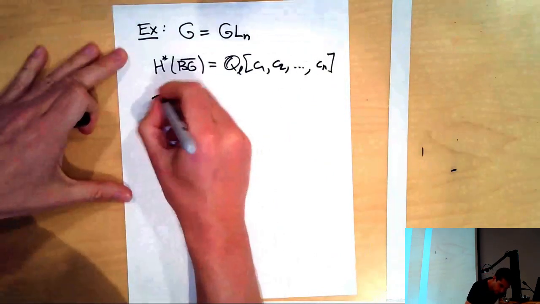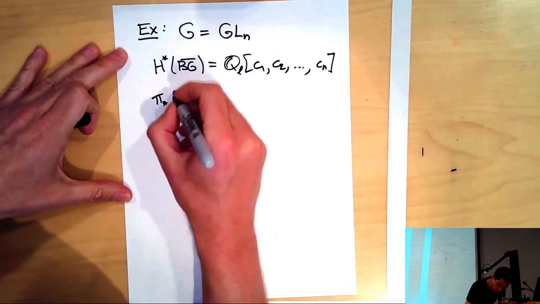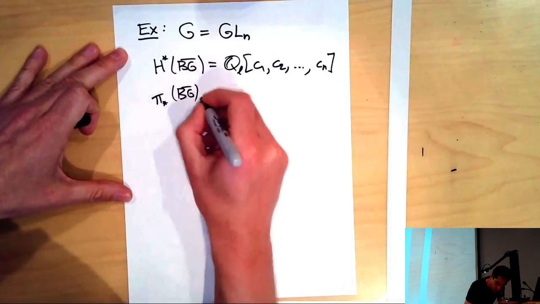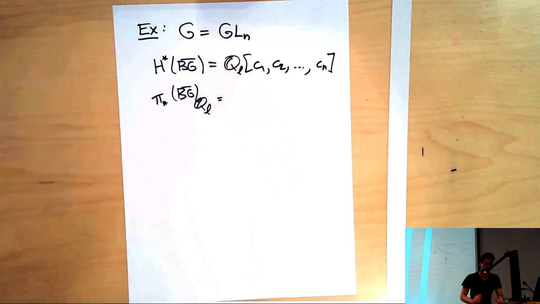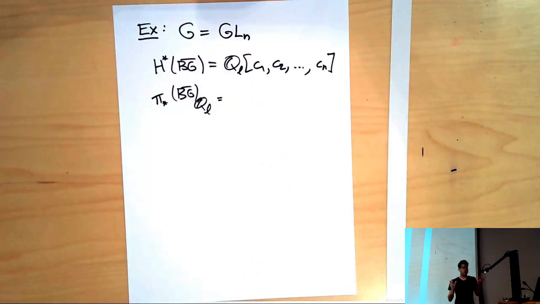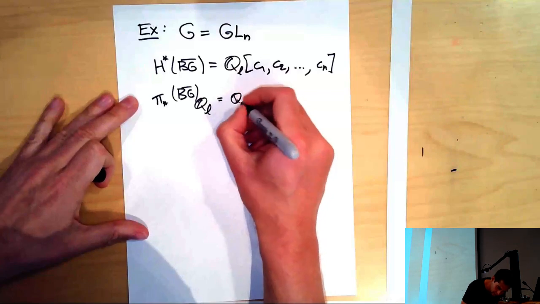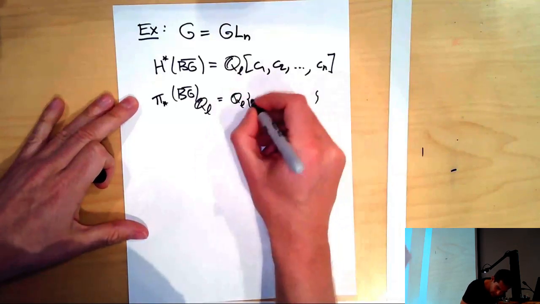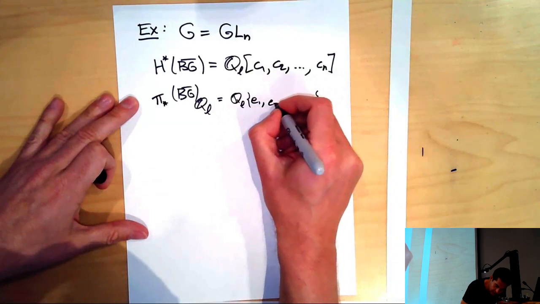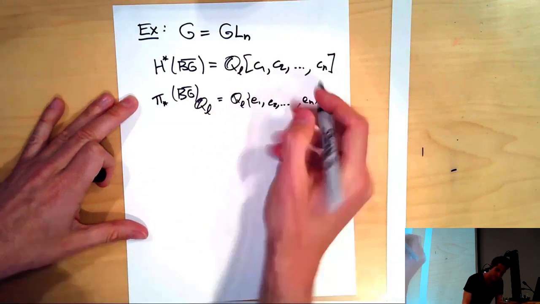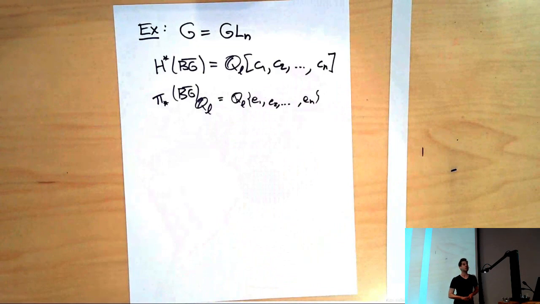And therefore, if you look at the homotopy groups of BG bar with Q_l coefficients, what this is going to look like is a vector space of dimension n over Q_l, where your generators are in graded degrees 2, 4, 6, again through 2n. So let's say this is the Q_l vector space generated by classes e_1, e_2, and so forth through e_n that are kind of dual to these Chern classes, c_1 through c_n.